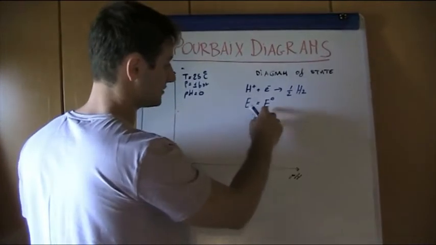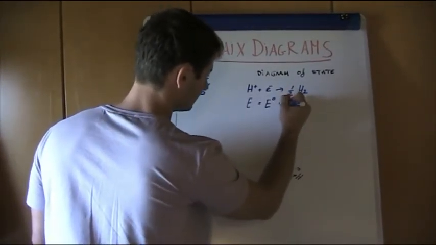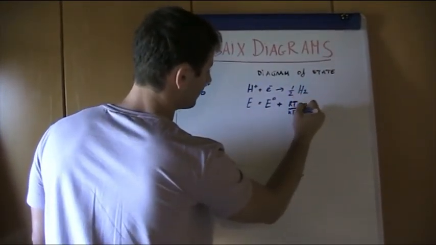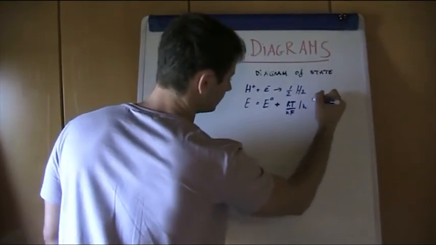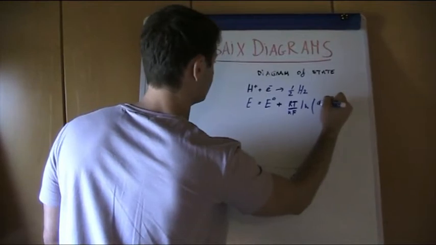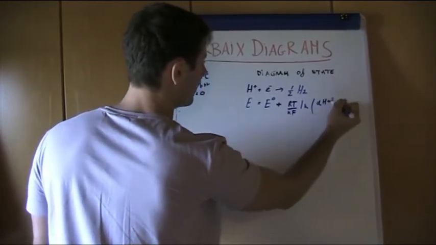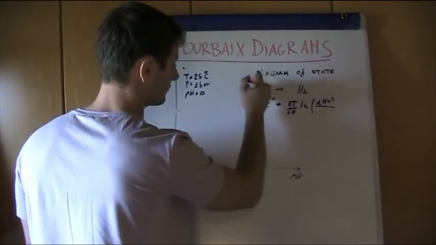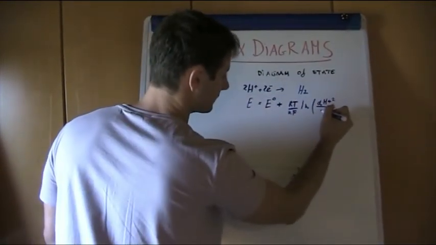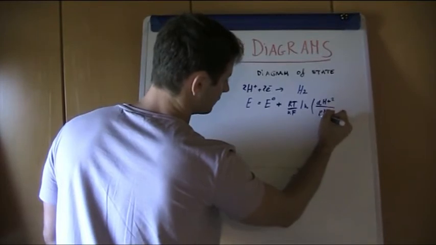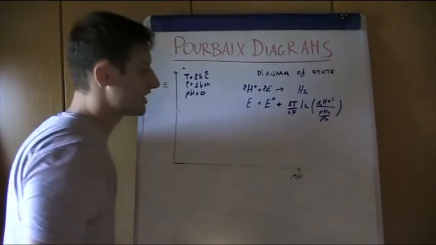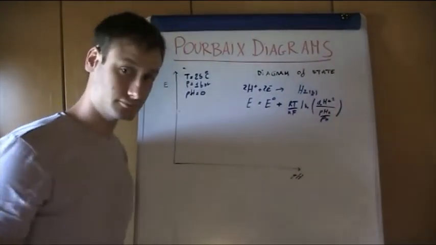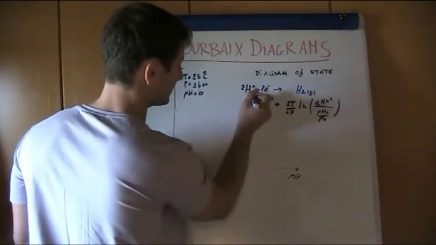So we have this plus this, and we have obviously plus RT over F ln of H plus squared, because we are basically doing this, and P of H2 versus reference, because the activity of gaseous species is expressed in terms of partial pressure, obviously, and not as in species in solution.